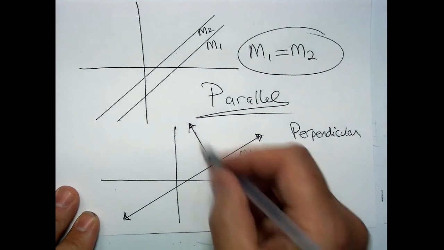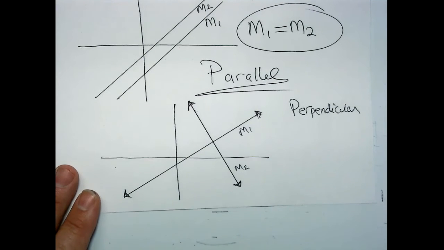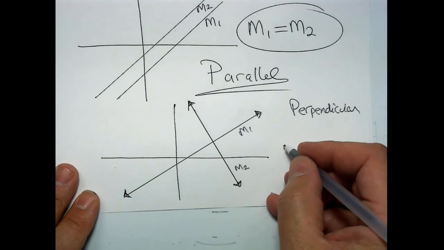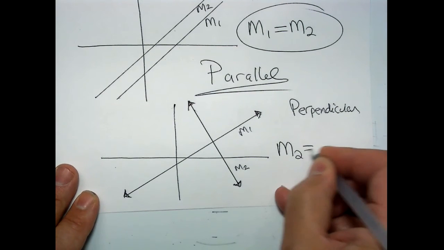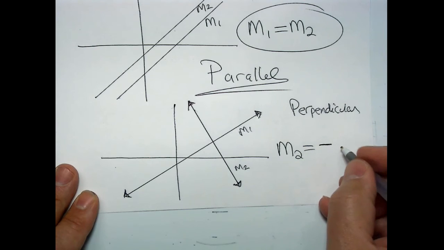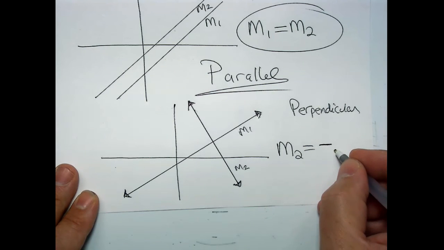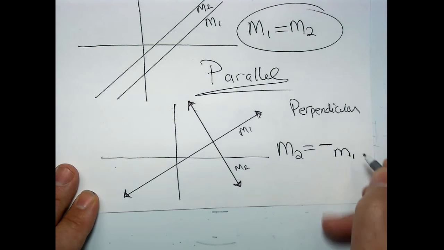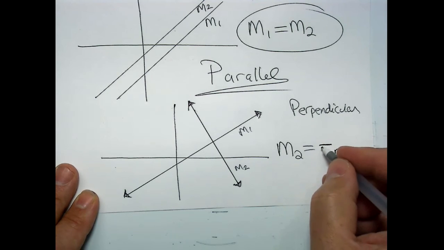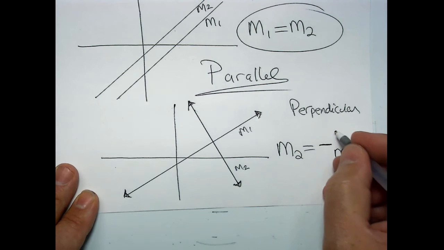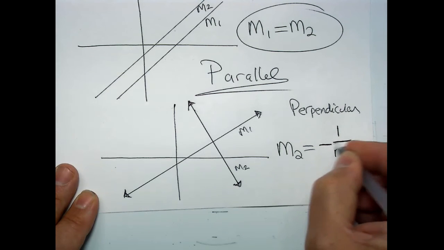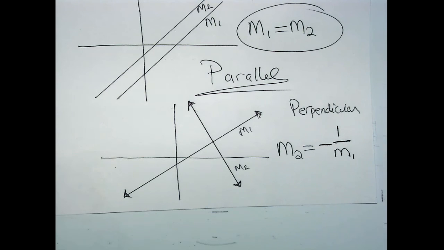So this is a positive slope and a negative slope. There's no question that they're opposite in sign. So let's say you were trying to calculate m2. You know that it has to be the opposite of m1. It has to do something with m1. Now the reason why I put m1 down there is because it's not just negative m1. It's the negative reciprocal of m1. Don't forget to do both. Negative reciprocal.